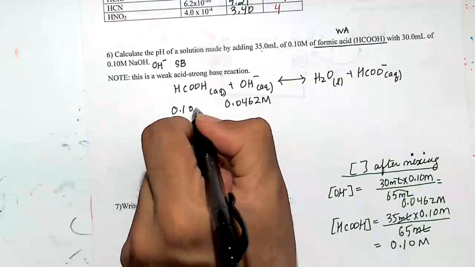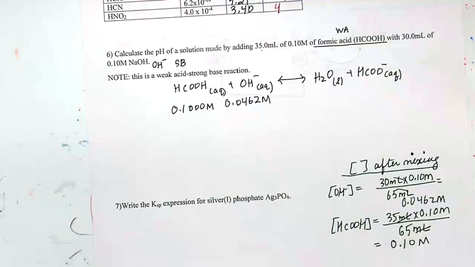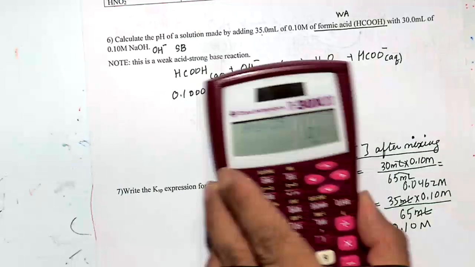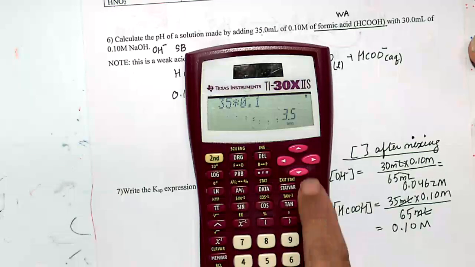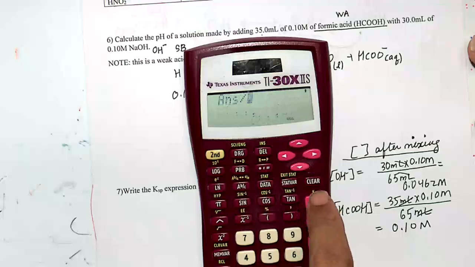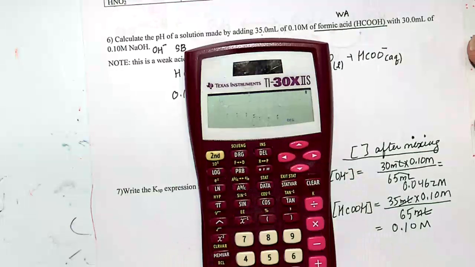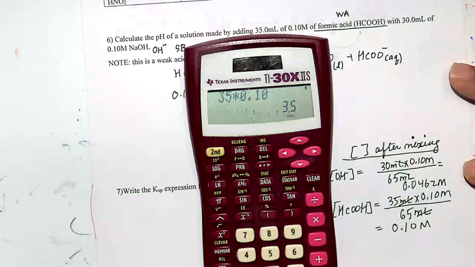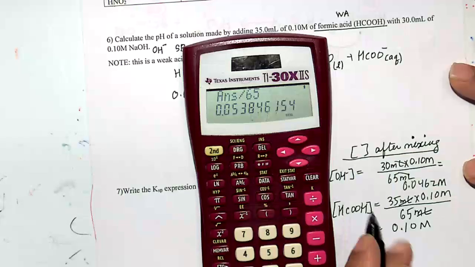Which one? 0.01? Hold on. 35 times 0.10, 3.5 divided by 65. 0.05.